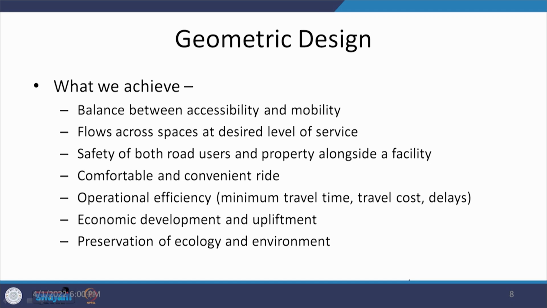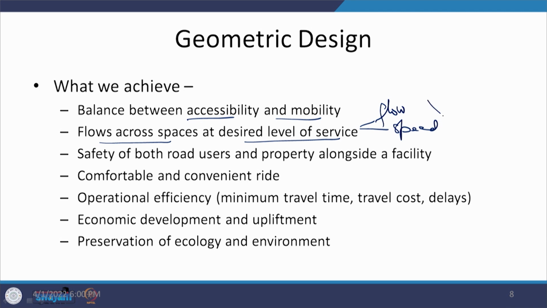So, finally, what are we going to achieve here? We are going to achieve the balance between accessibility and mobility. These are the two aspects we are going to look at. We will also see that the flows across the spaces happen at a desired level of service, and this level of service can be with respect to flow or with respect to speed.